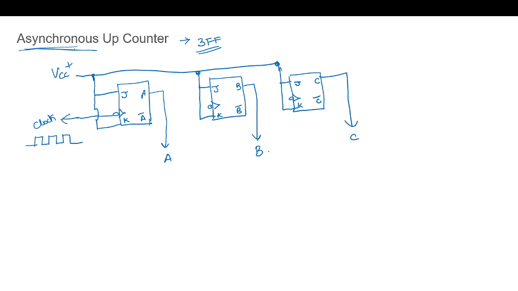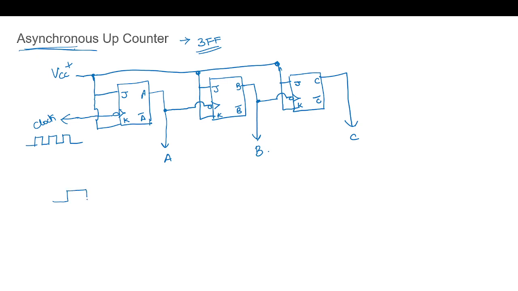For example, A is applied as the clock for the second flip-flop, and the third flip-flop receives the clock from B. These are the outputs. Now let's draw the waveform for this circuit.